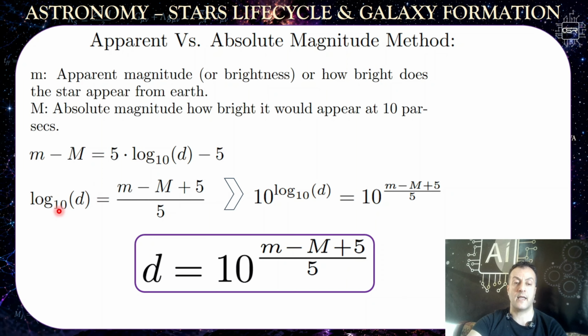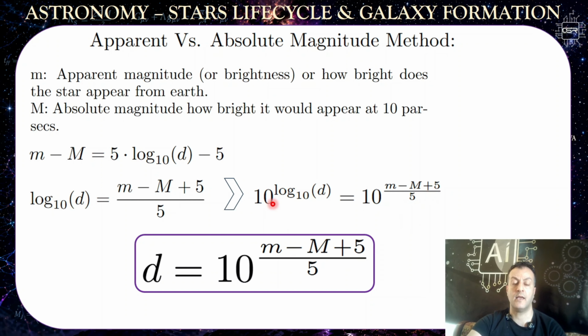So log base 10 d is equal to (m minus M plus 5) divided by 5, which leads us to 10 to the power of these on both sides. 10 to the power of log base 10 d is equal to 10 to the power of (m minus capital M plus 5) divided by 5.